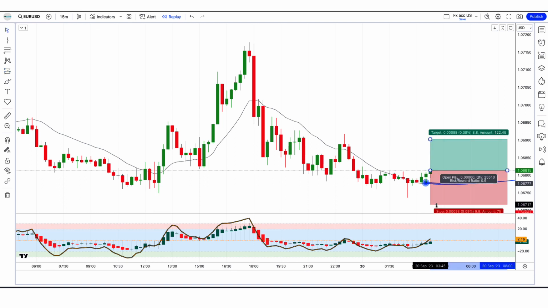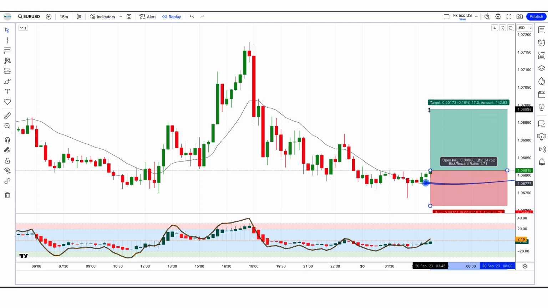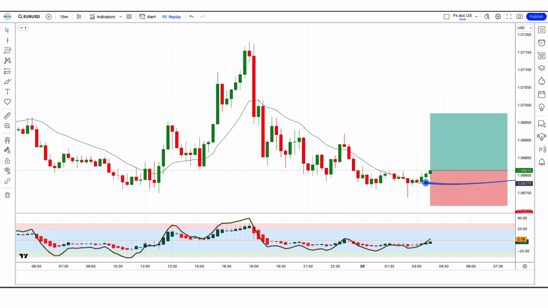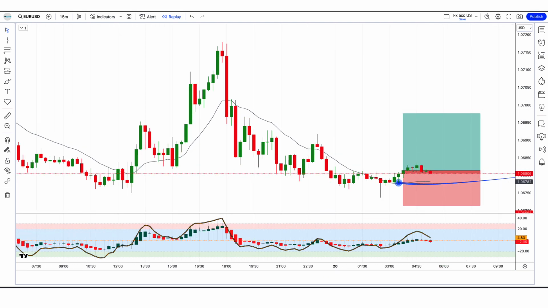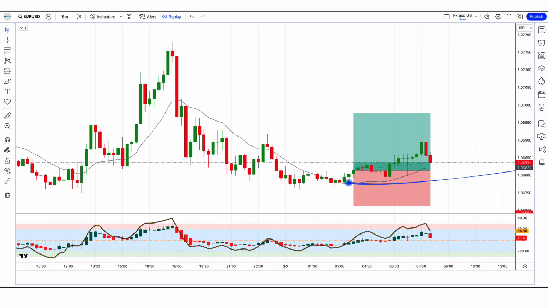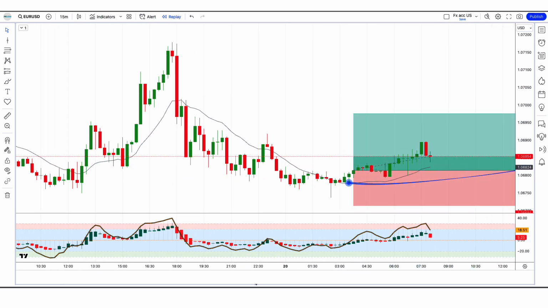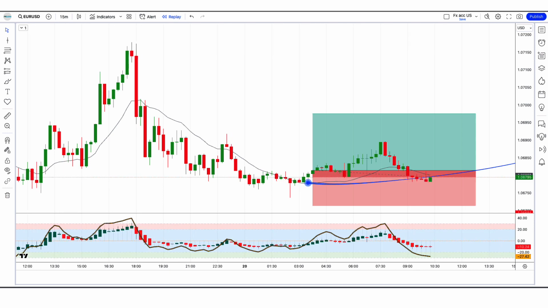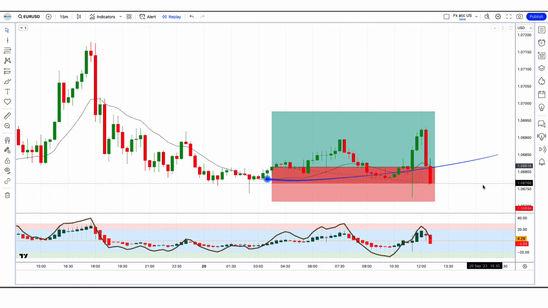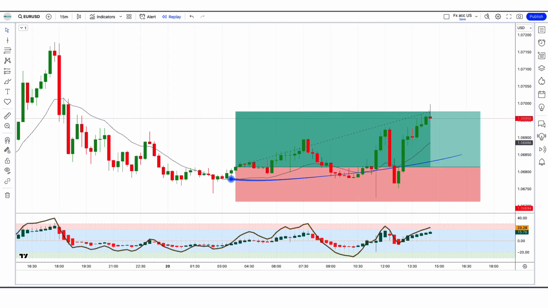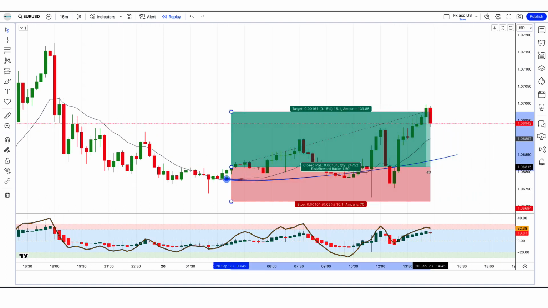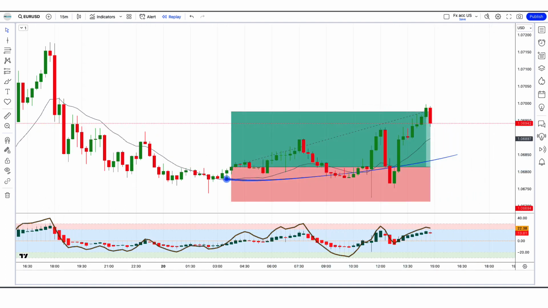Our stop loss will be placed at the current market's lower point, and the risk to reward ratio will be 1 to 1.5. The market has completely hit the target. Now we will find other trades.